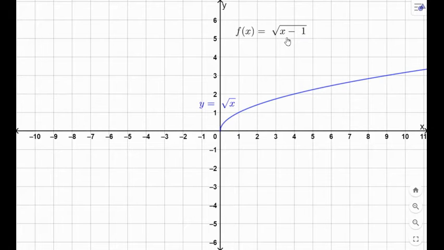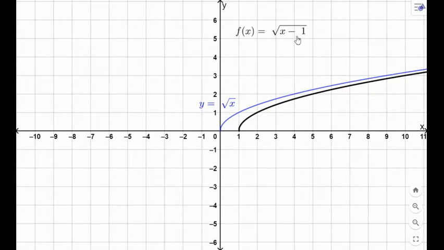If I was to look at this equation, the value of x that makes this equal to 0 is 1. So it's moved from 0 to 1. And we see the graph looks like that. It's exactly the same graph, it's just been translated 1 unit to the right.